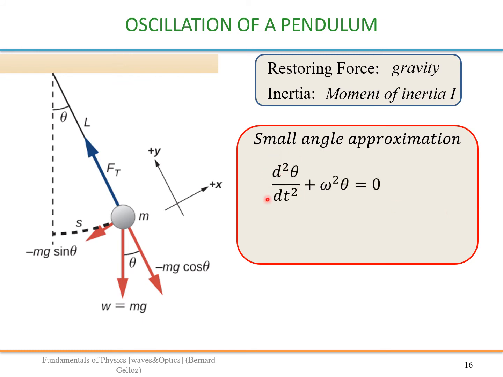We can do exactly the same process as before and get this equation of motion. The only difference from the previous slide is the moment of inertia. In this case, it's just one mass point, so it's just m times L squared.